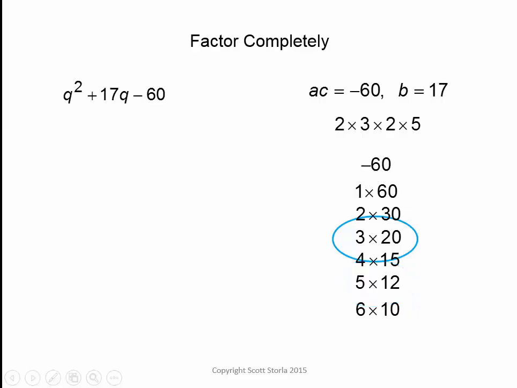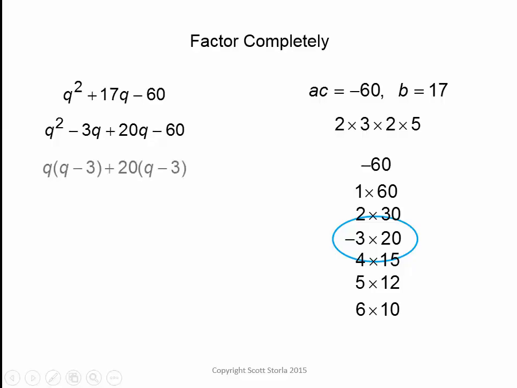So that's going to be the right pair, as long as I see it as negative 3 and positive 20. I then return to my original trinomial. The second degree term and constant remain the same, and so I have q squared minus 3q plus 20q minus 60.